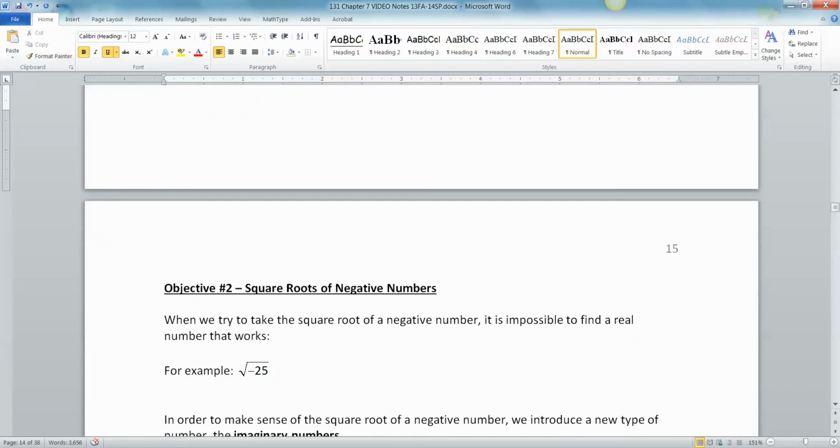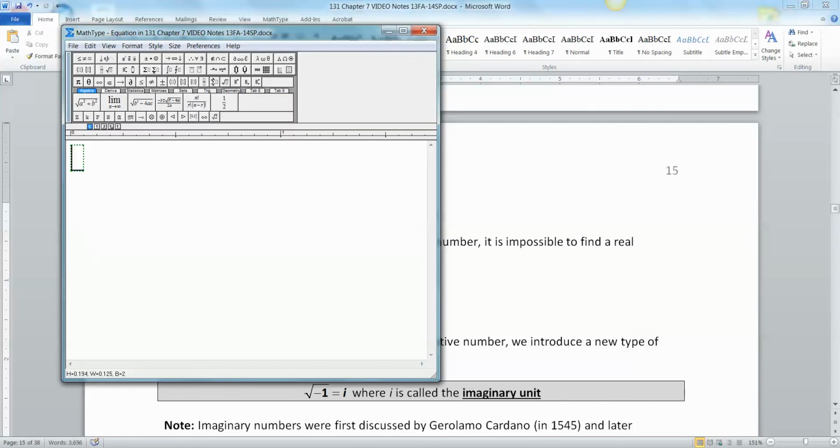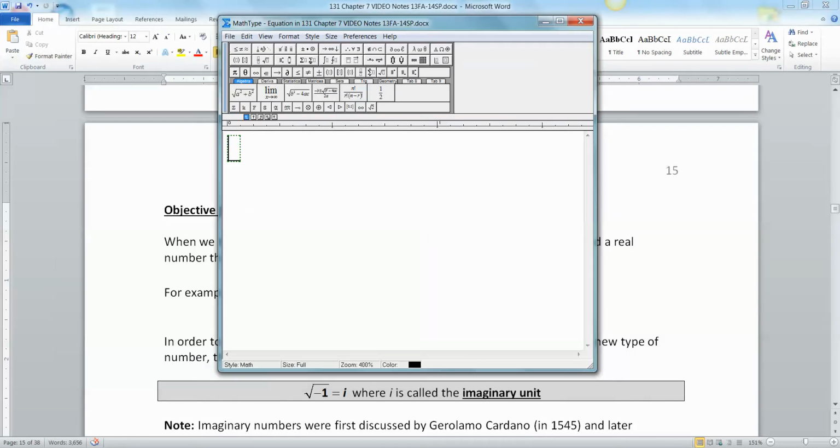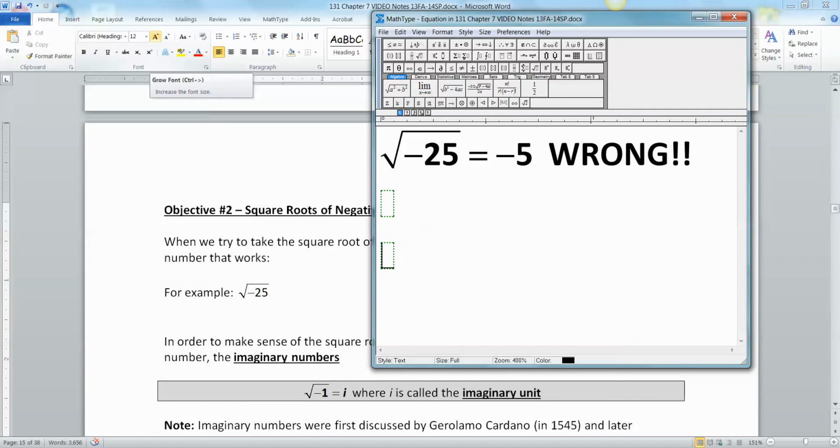Okay, now what about square roots of negative numbers? A lot of students think that you can take a square root of a negative with the real number system. For example, they'll look at the square root of negative 25 and think, oh, well that must be negative 5. But that is wrong, wrong, wrong. Okay, here's why. What's negative 5 when you square it?